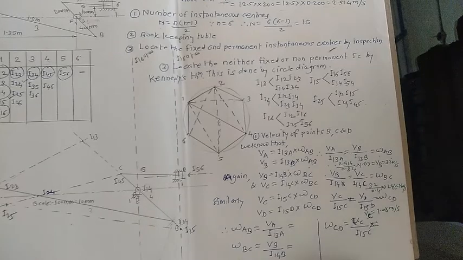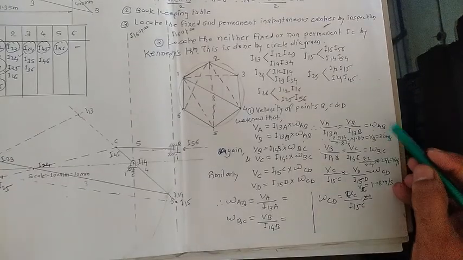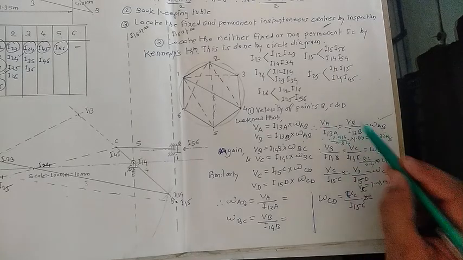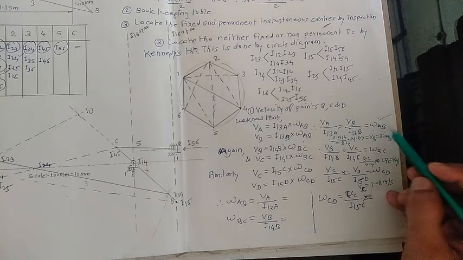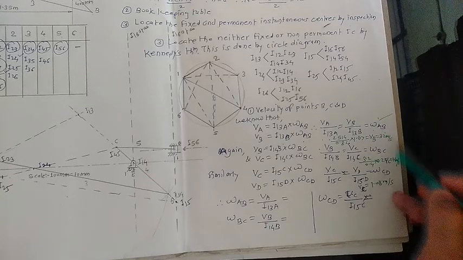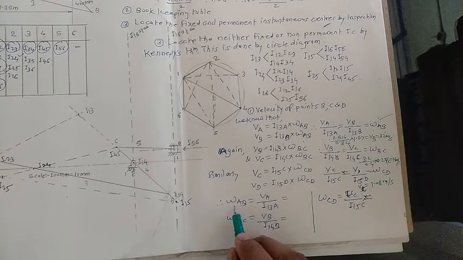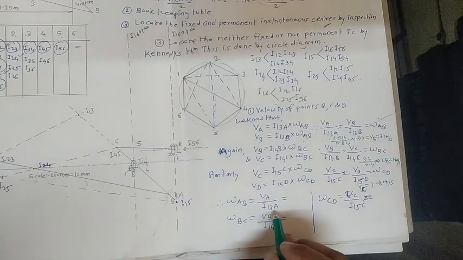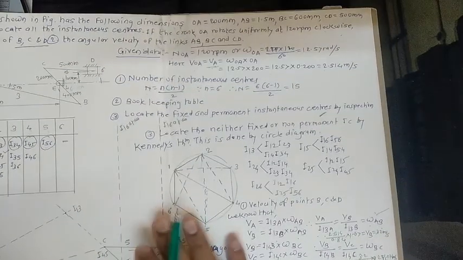Now at the same time, whatever formulas written by us here in terms of the angular velocity as well as linear velocity, my task is here to get the information regarding this omega AB, at the same time omega BC, omega CD. So what's about this one, omega AB? Omega AB is nothing but the VA divided by I13A in this way. So VA already with us, as per calculation done by us in very first step.